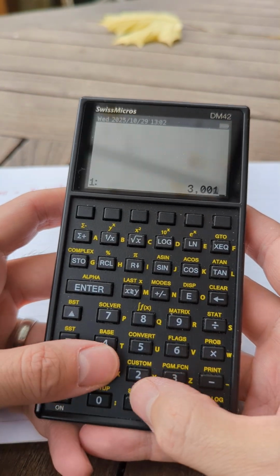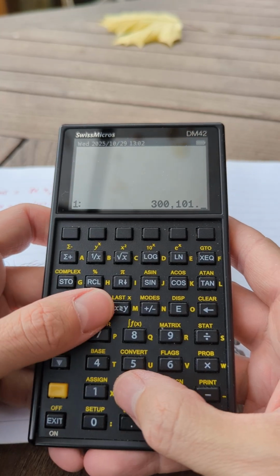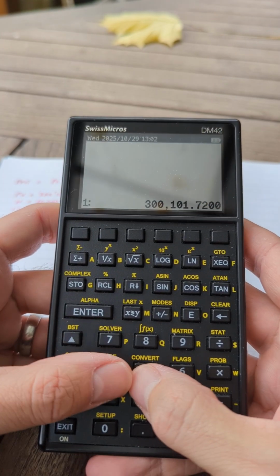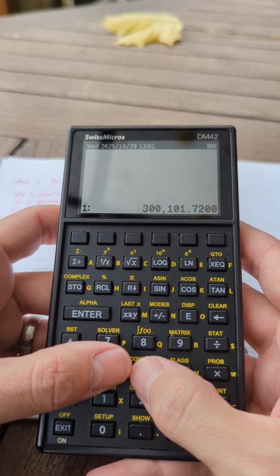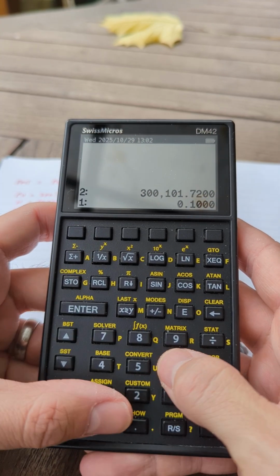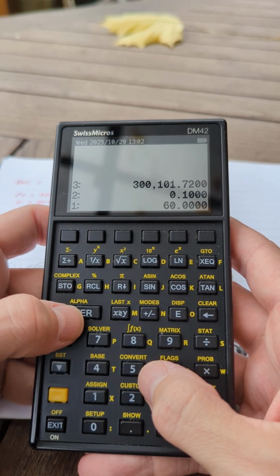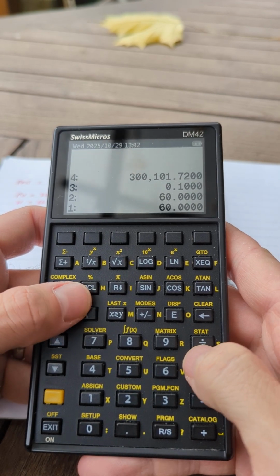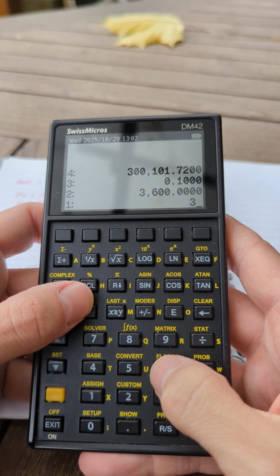So 0.72, that's our present value, and then we will calculate our interest rate, which is 10% divided by 60. You have to press enter twice here, unlike on four-stack, to get it duplicated in X and Y, times.